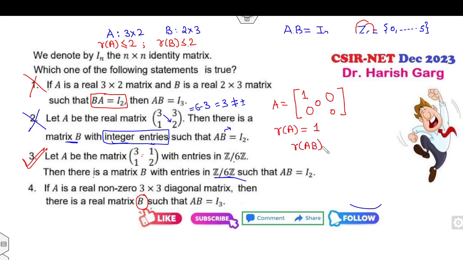Can you find the rank of AB, which is always less than or equal to the minimum of rank of A and rank of B? Now whatever the rank of B, it is always less than or equal to 1, but it can never be 3. So you can see 3 can never be less than or equal to 1. So this option is also cancelled out. So the right option is only C, it is my correct answer.